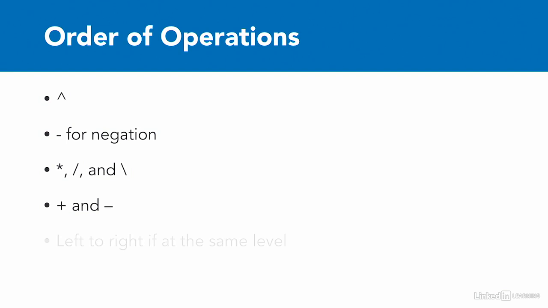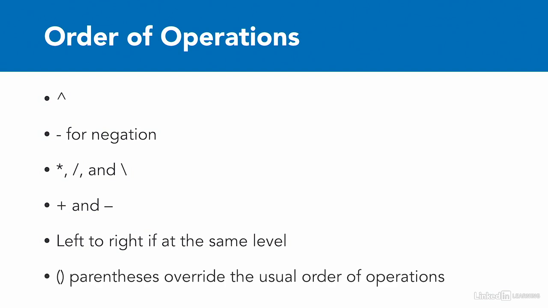If you're working in English or most other Western languages, then you go left to right if the calculations are at the same level. On the other hand, if you want to change the order of operations, then you can use parentheses. And I'll give you an example of that when I get into the command window in MATLAB itself.